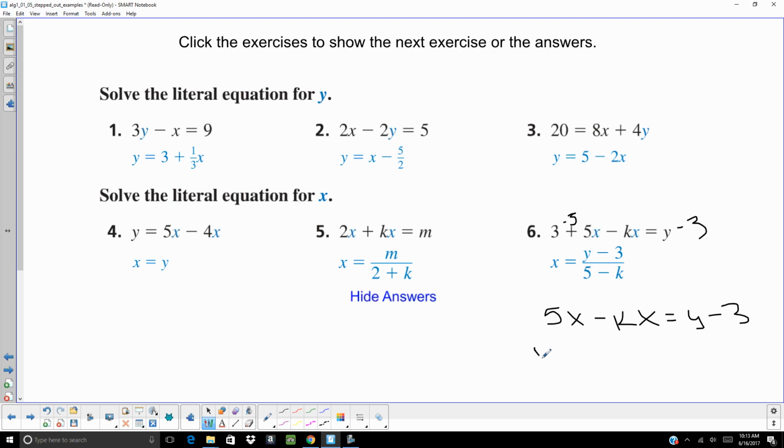You're going to do the distributive property, take that x out, and you're going to be left with x times 5 minus k equals y minus 3, which then you divide both sides by that 5 minus k.